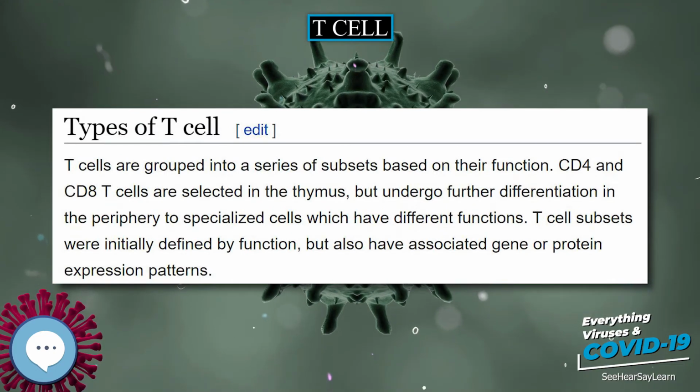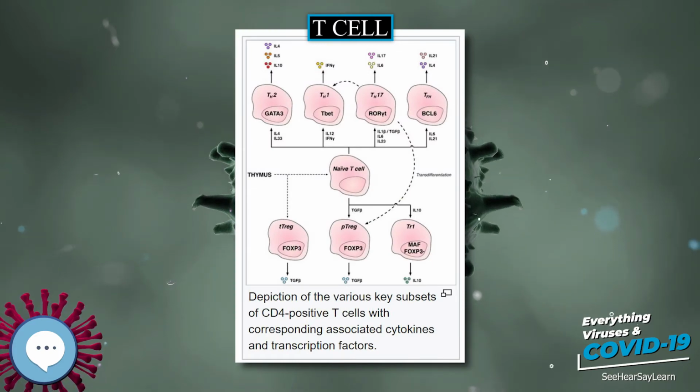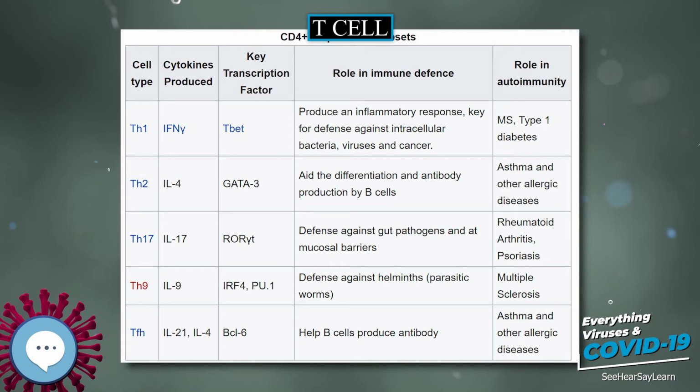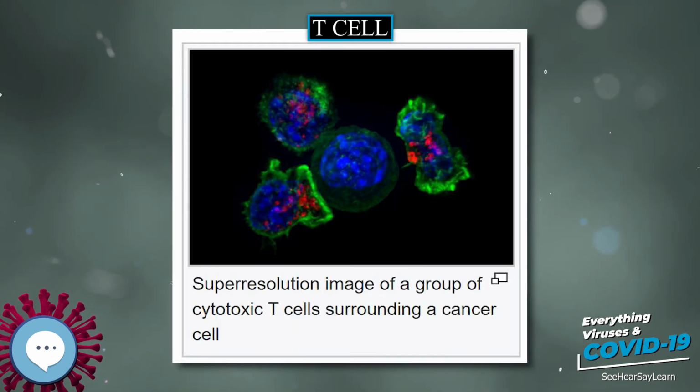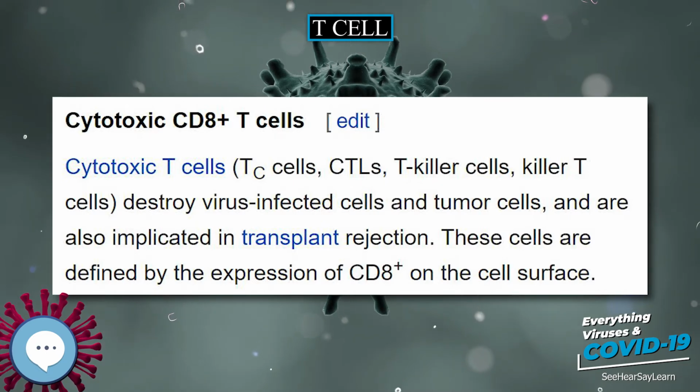Innate-like T cells. Natural killer T cell. Natural killer T cells, NK T cells, not to be confused with natural killer cells of the innate immune system, bridge the adaptive immune system with the innate immune system. Unlike conventional T cells that recognize peptide antigens presented by major histocompatibility complex, MHC, molecules, NK T cells recognize glycolipid antigen presented by CD1D.